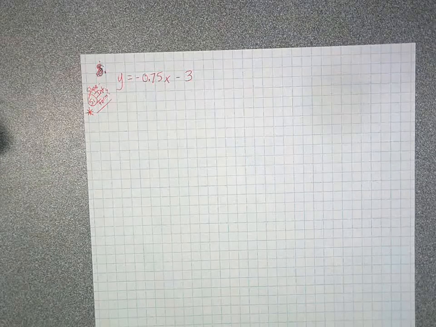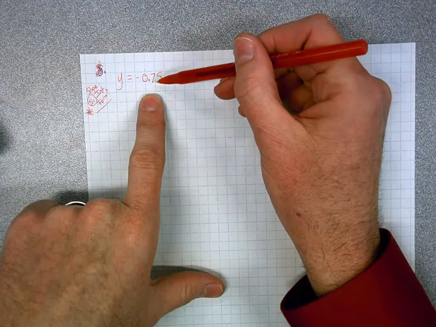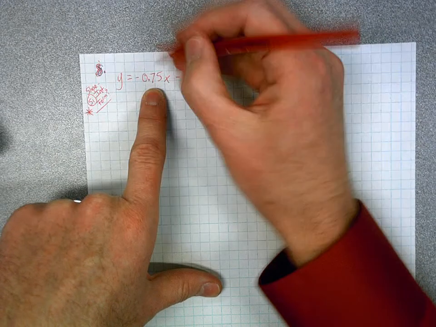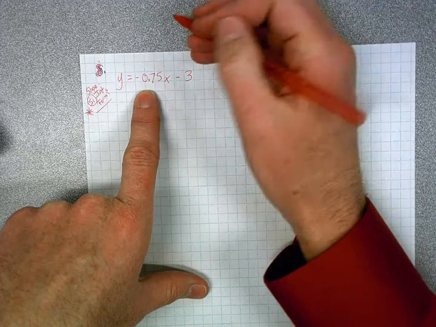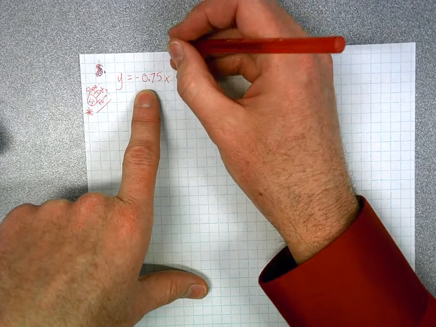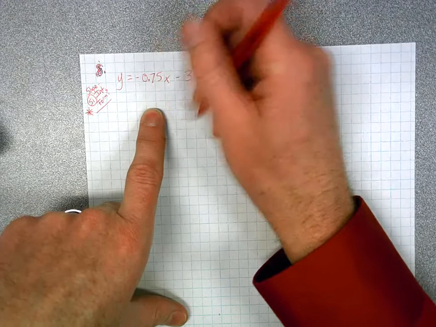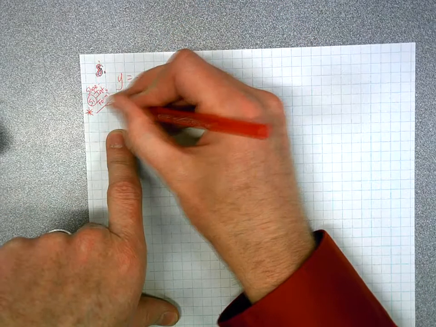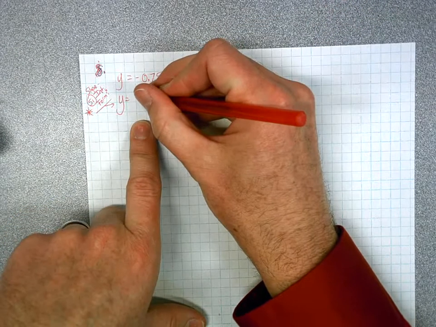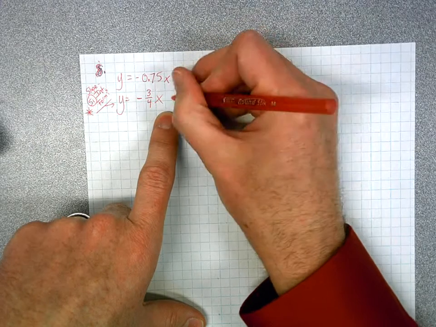Remember that here's your y-intercept, here's your slope, but the problem is that our slope a lot of times is a little easier, a little more precise if we use a fraction rather than a decimal because of the fact that it's rise over run. So we're actually going to change -7500 to -3/4 x minus 3.